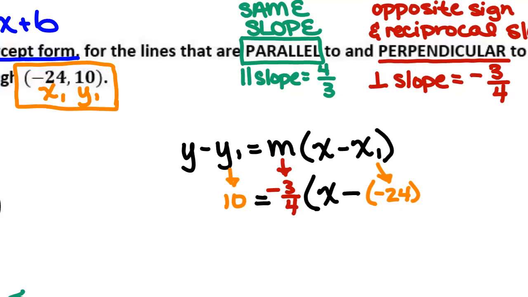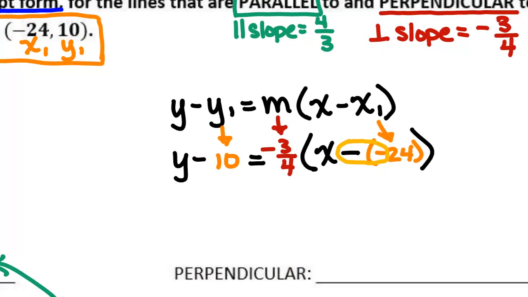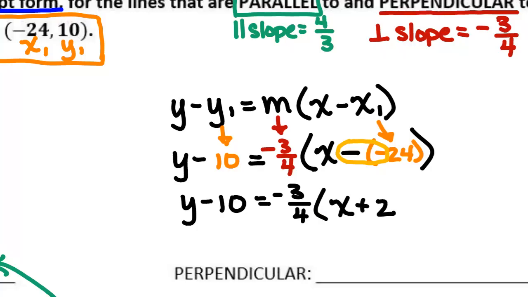Bring my equal sign down. So I have y minus 10 equals negative 3/4 times x minus negative 24. And just like on the other one, minus the negative turns into a plus. So I have y minus 10 equals negative 3/4 x plus 24.